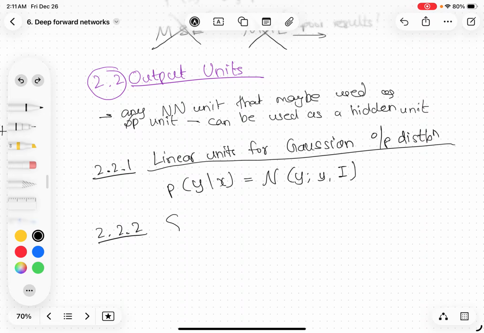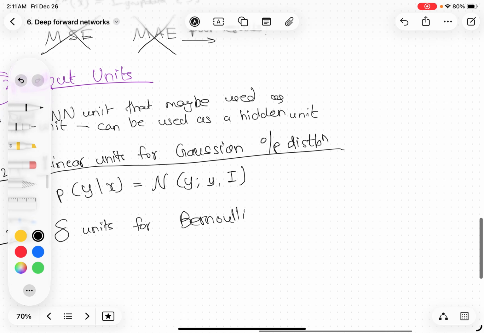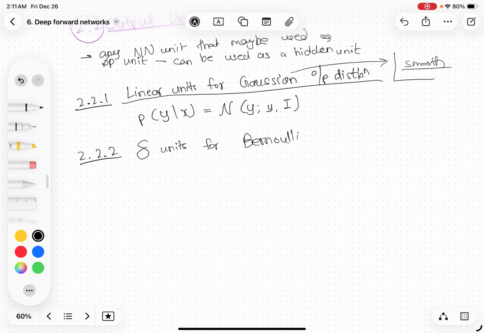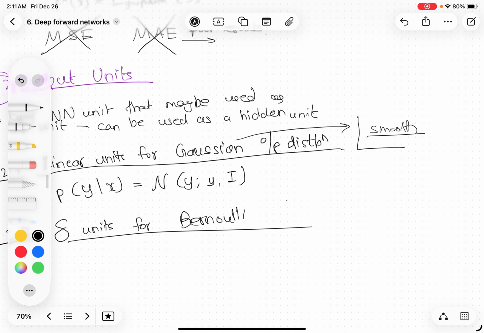We use sigmoid units for Bernoulli output distributions. Again, a Gaussian distribution looks smooth, while a Bernoulli output distribution looks binary, obviously.